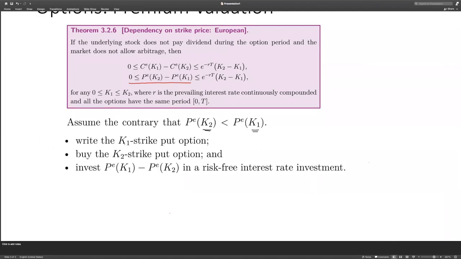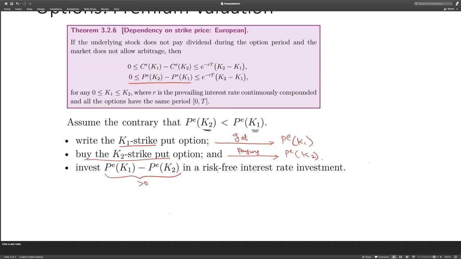First, you write the K1 strike put option, thereby getting the price PE of K1, and simultaneously you buy the K2 strike put option, thereby paying the premium PE of K2. Therefore the difference PE of K1 minus PE of K2 is what remains with you, and by our assumption it's a positive number.